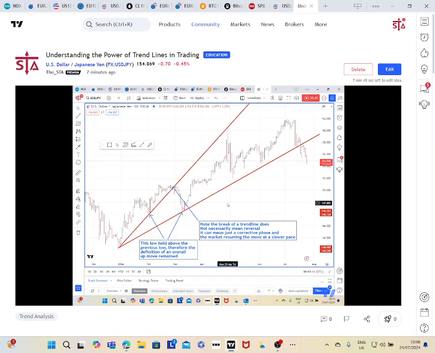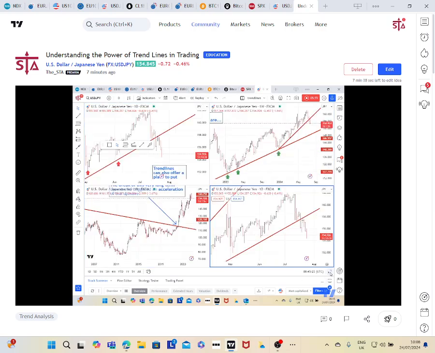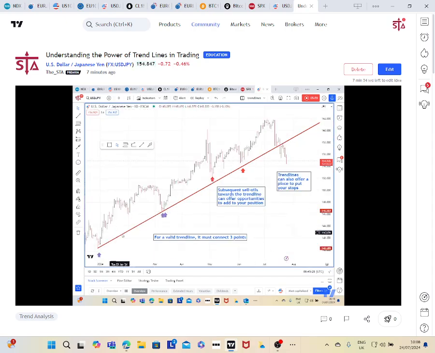Okay, those are the main points that I wanted to make about trend lines. Not only are they a good visual aid to your trading, but they do offer you the place to put your stops, the place of entry points for your trades, but more important than all of that is they enforce discipline.